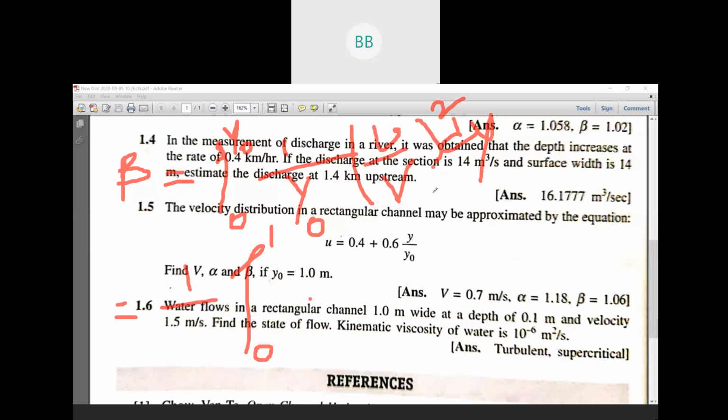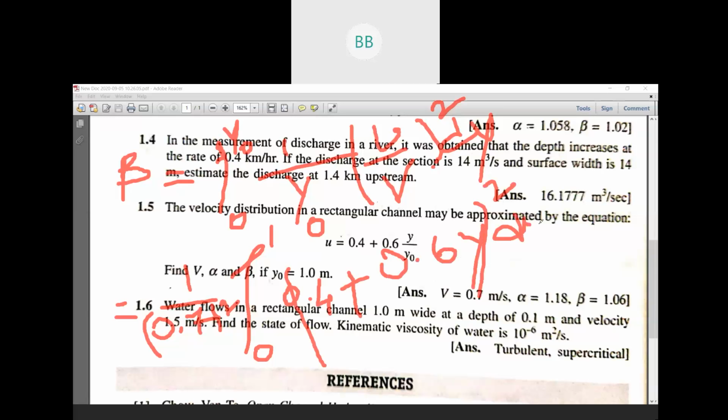capital V we have already calculated as 0.7, and we have a square, so it will be a whole square. And then in place of small v we are going to substitute the expression 0.4 plus 0.6, as y naught is equal to 1, so it will be directly y, whole square dy.